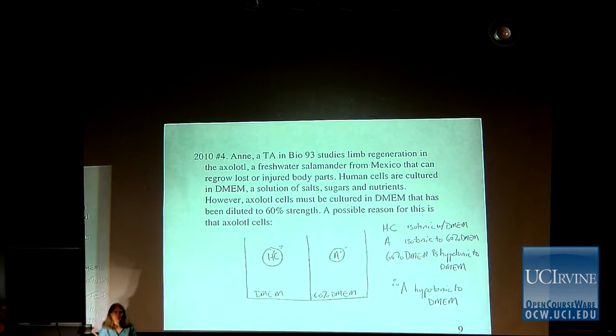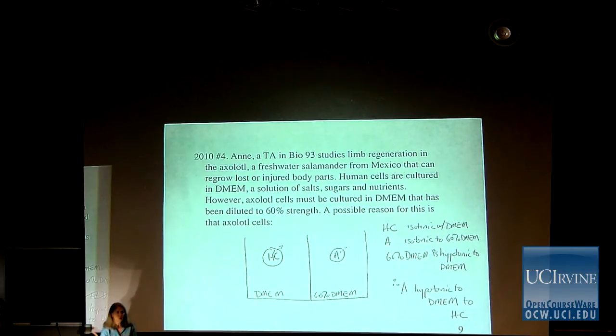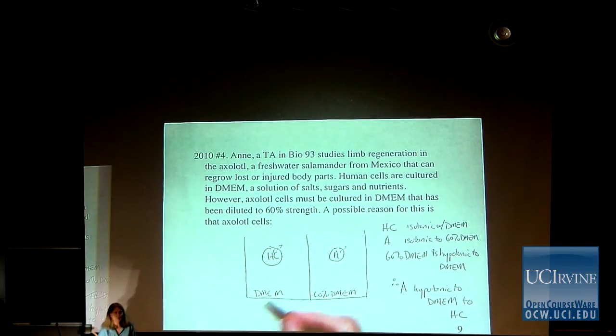What is the tonicity of the inside of an axolotl cell compared to the inside of a human cell? It's hypotonic as well, right? So they're hypotonic not only to DMEM, but to human cells, because human cells are perfectly happy sitting in DMEM, so you know their tonicity is the same as DMEM's tonicity.